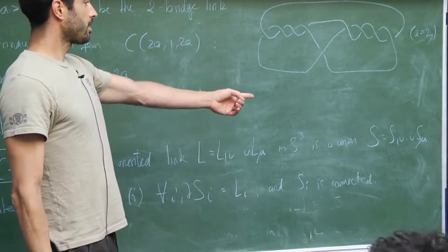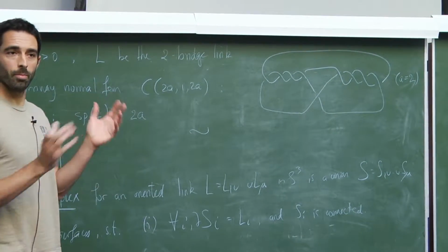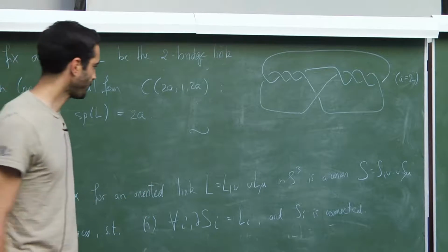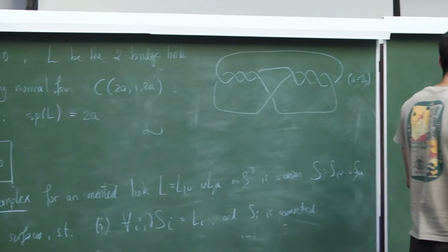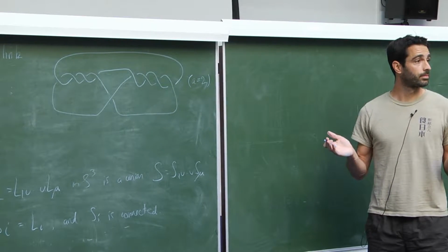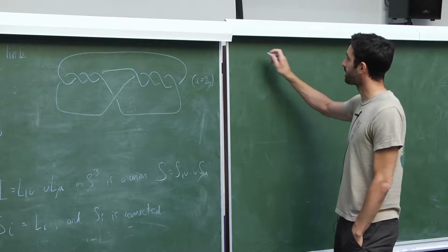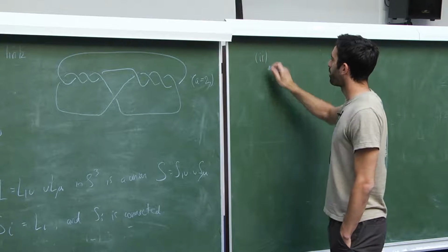So what I'm saying here is you have a bunch of connected Seifert surfaces, one for each component of the link. Now, of course, what happens is that these Seifert surfaces will intersect. So what you want to prescribe is the way they intersect. That's the second part.